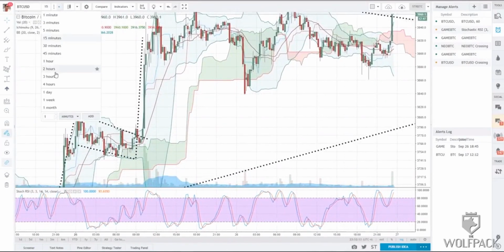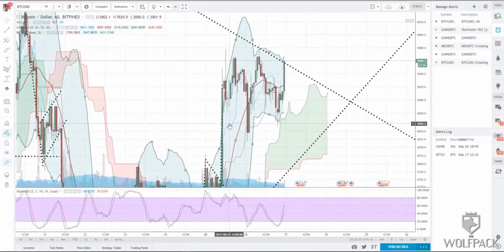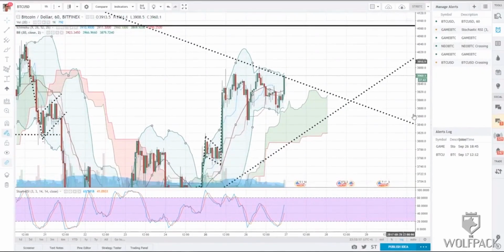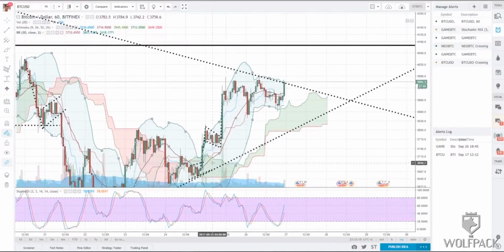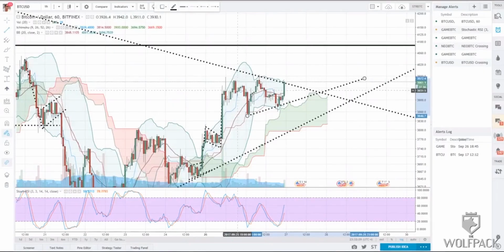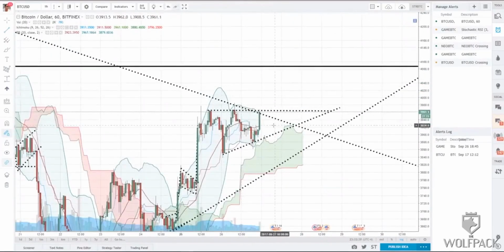If you zoom out to the 1 hour, and I draw this little support right here. Was it this one? No. This might break down still, but this is a little ascending triangle right here. But like I said, this is crypto, so it's always bullish.